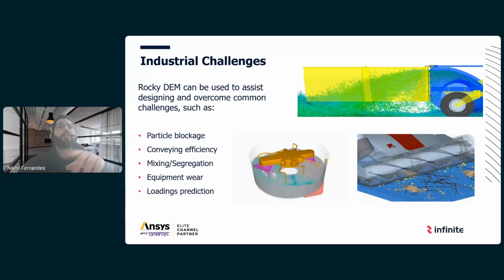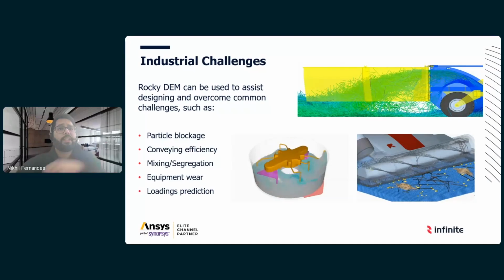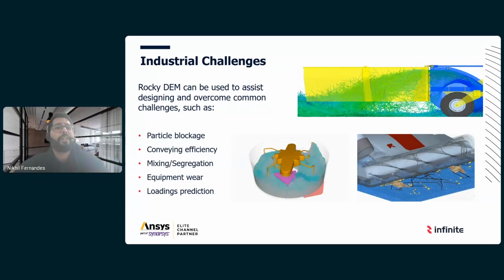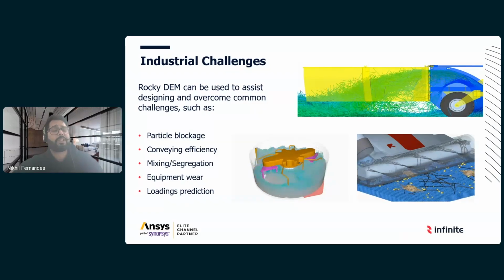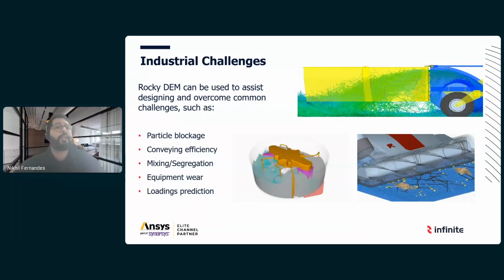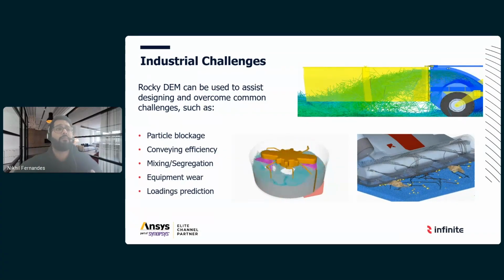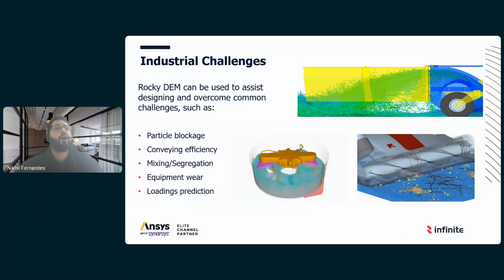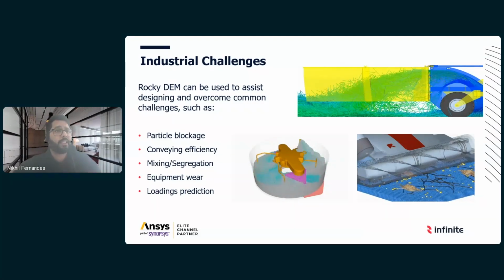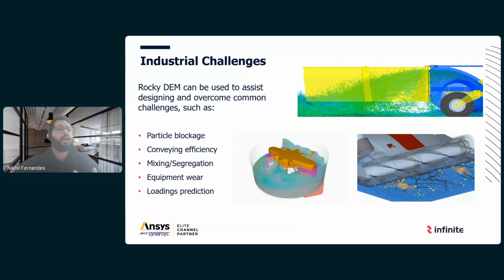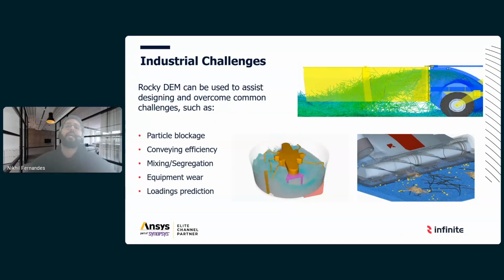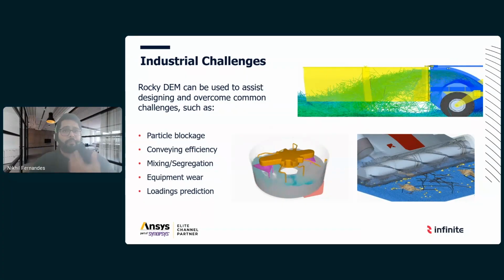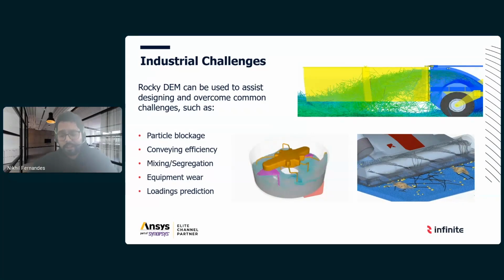And also on the bottom left, where you see the mixing going on, this enables us to figure out how much mixing time is required to get a uniform mixture, whether there's any clogging in the system, or based on the mixing, whether there is going to be any equipment wear or loading prediction. So this gives us an insight to better design our products the first time around.